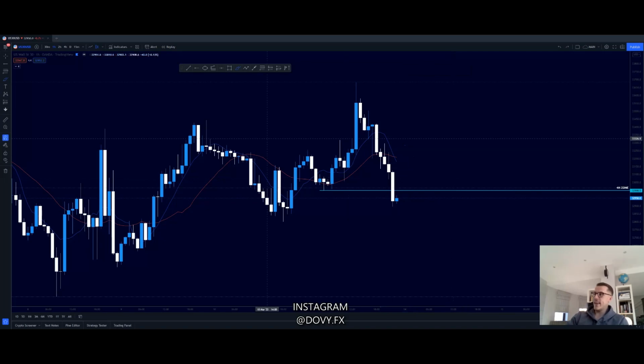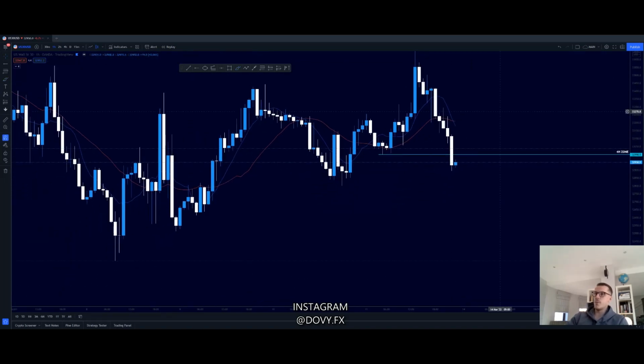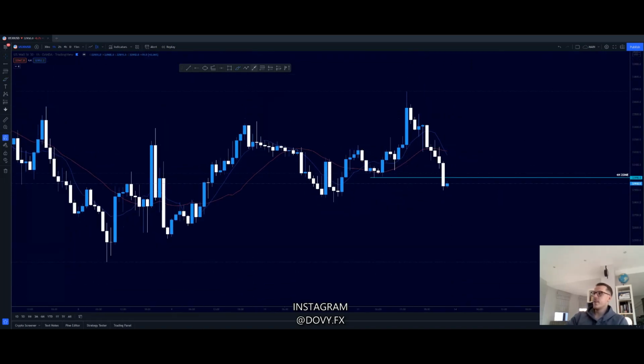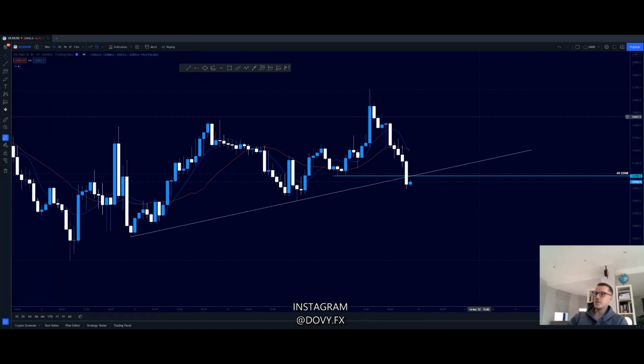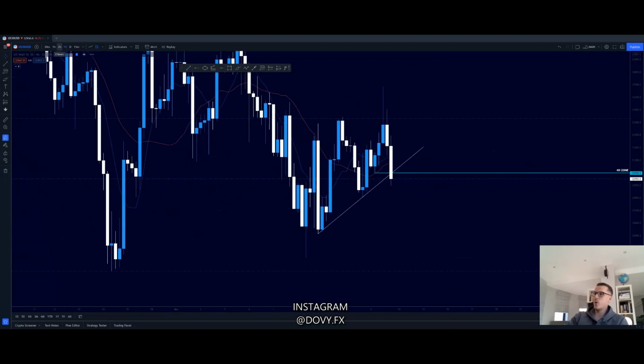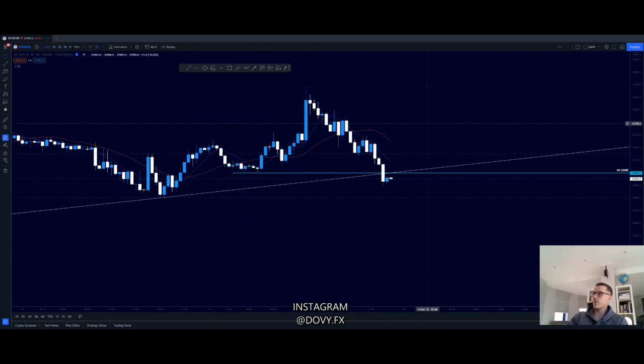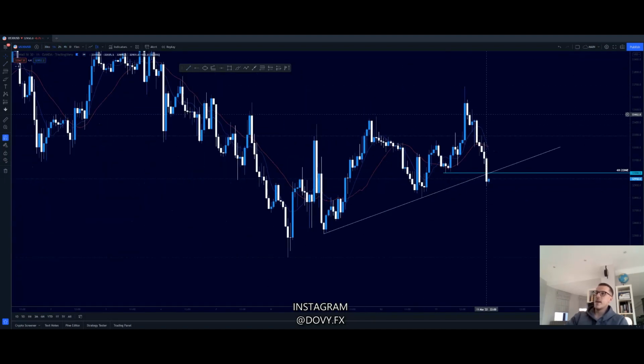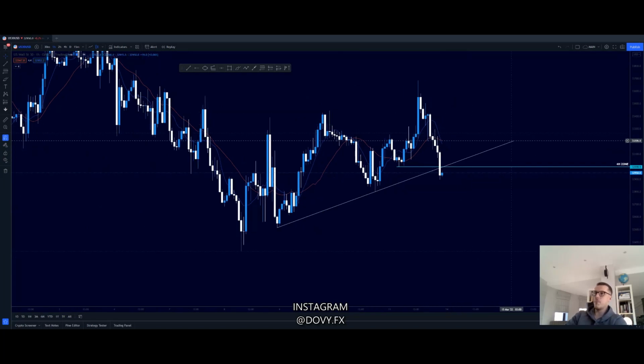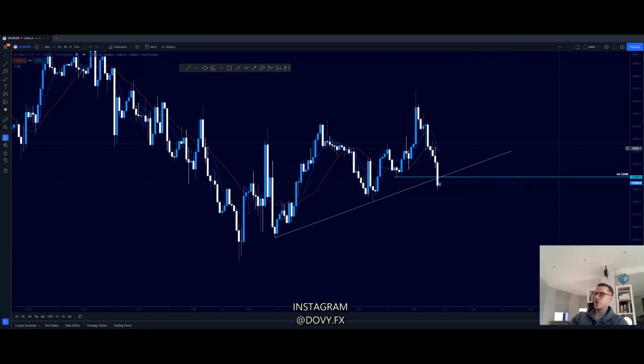So that's another confirmation of my short bias on US30. Now for the trend line traders, I can also draw a trend line, and as you can see, it was also broken on the 4-hour, 1-hour, and 2-hour time frames. And this is another confirmation for my overall bearish perspective on this chart.